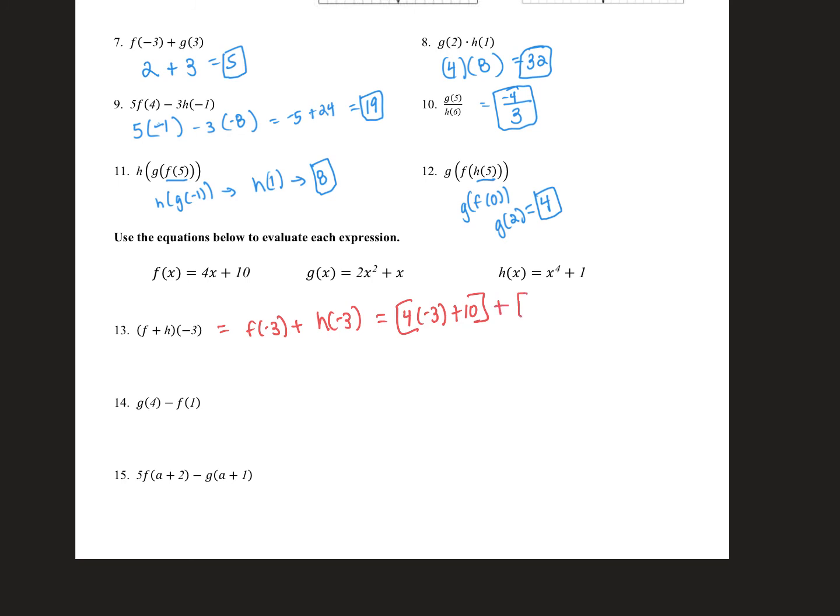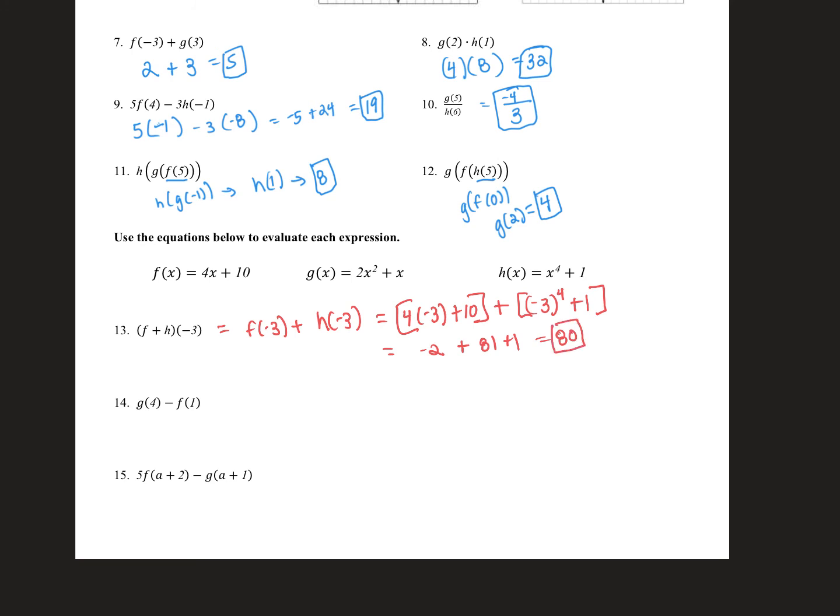So I've got to plug -3 in for x into my function h, which would be -3 to the 4th plus 1. Let's clean this up. 4 times -3 is -12 plus 10 is -2, plus -3 to the 4th. Now when you take a negative base to an even power, multiplying it by itself 4 times, you're going to get a positive value of 81 plus 1. So 81 plus 1 is 82, minus 2 is 80.